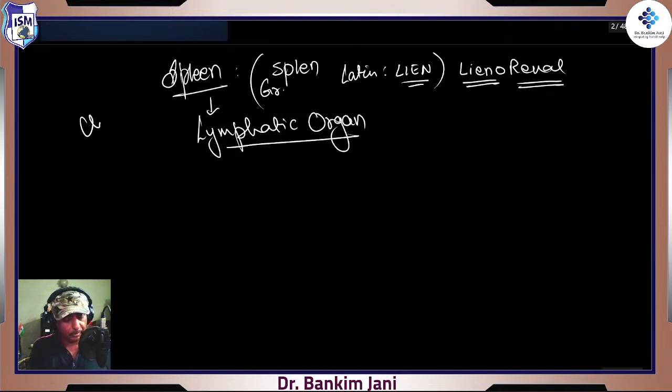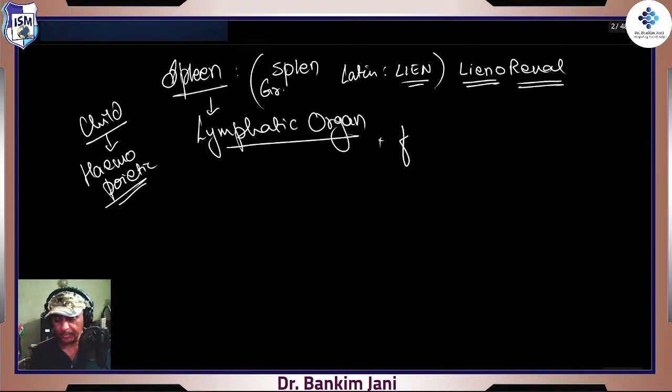Though in childhood, it acts as a hemopoietic organ, something which forms the blood. In adult, it takes on the function of a lymphoid organ, plus it is used for filtering the blood.